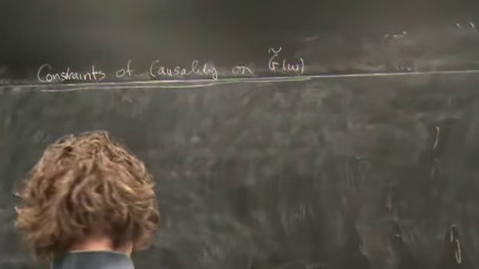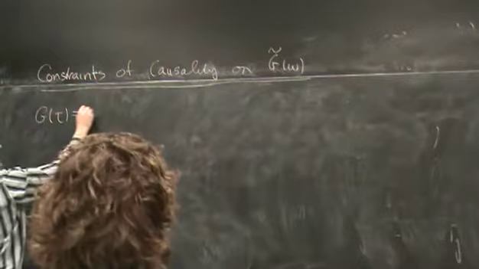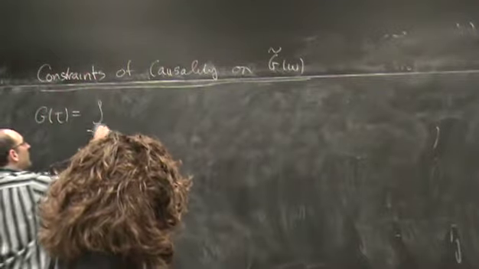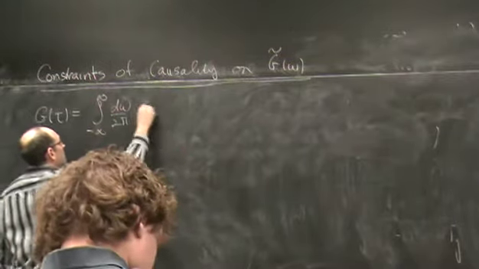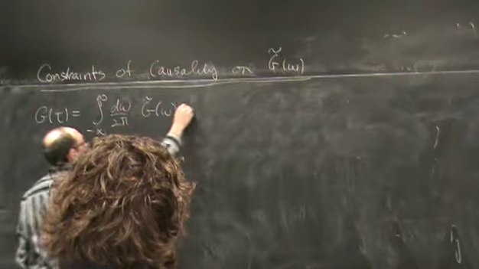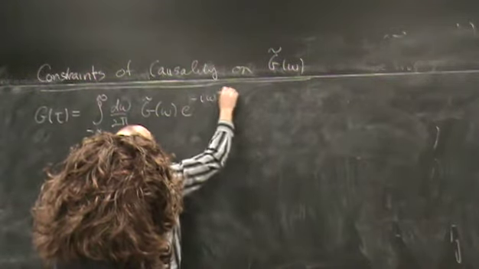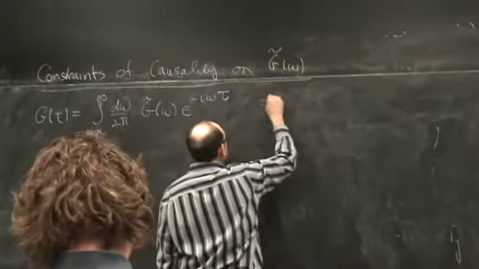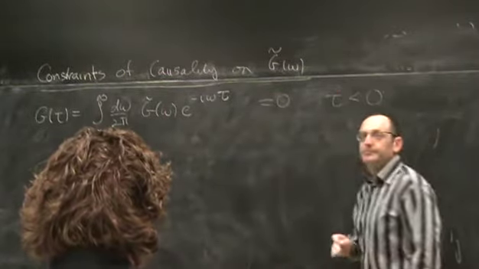What we're interested in here is we have our Green's function and its Fourier transform, where this is 0 when t is negative.